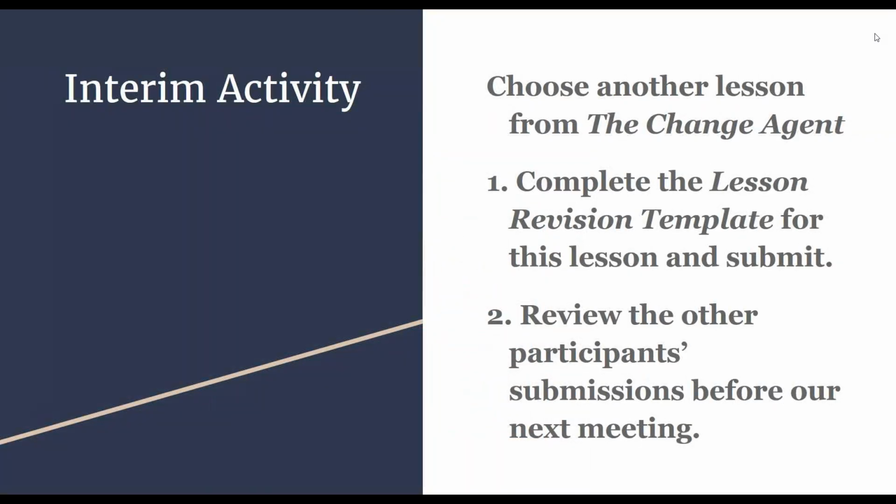So you've got a quick interim activity. Just think of it as homework, but it's not going to be overly taxing, I promise you. What I'm going to ask you to do is pick another lesson from the change agent other than pages 22 and 23 and do exactly what we just did together. Do it on your own. Do another lesson revision template just like the one we did, for a separate lesson in here.